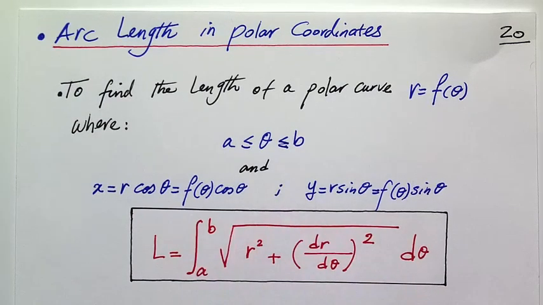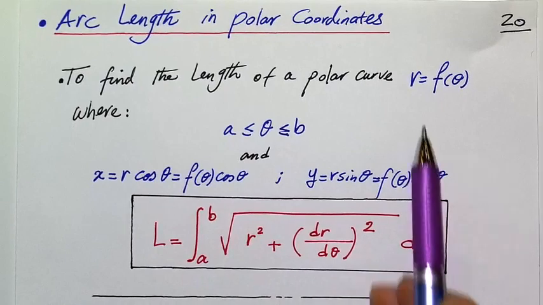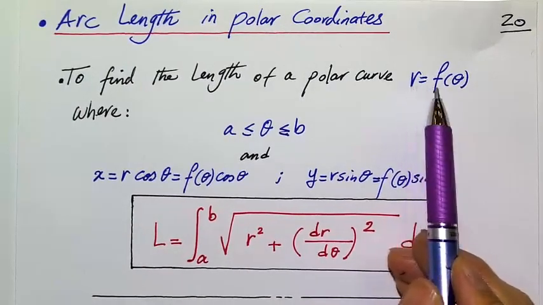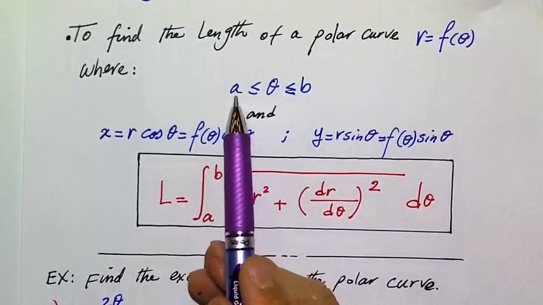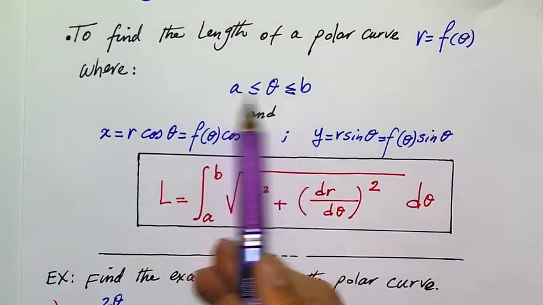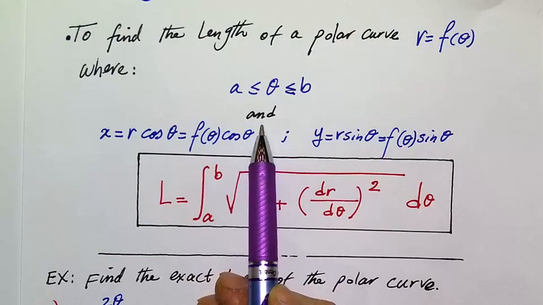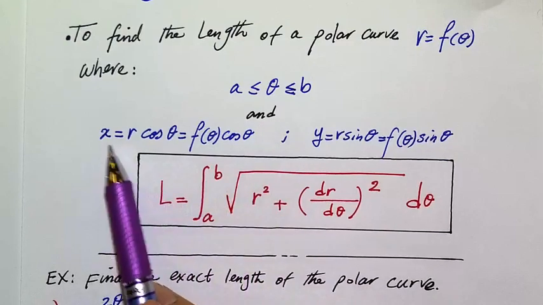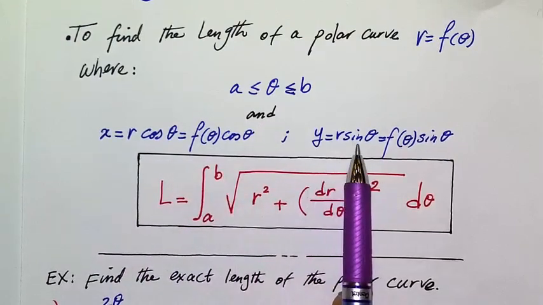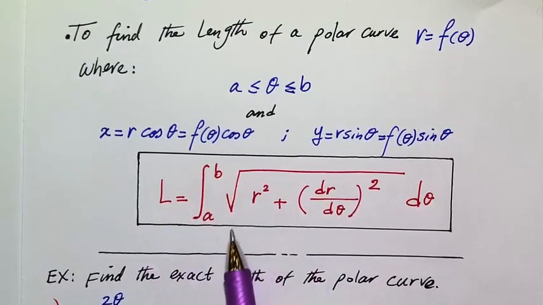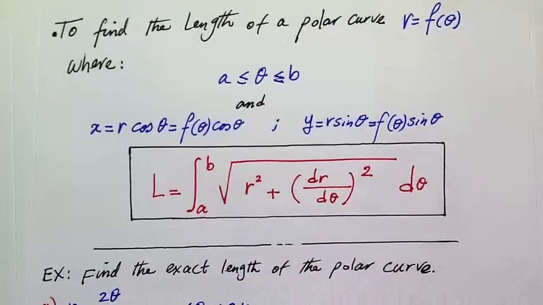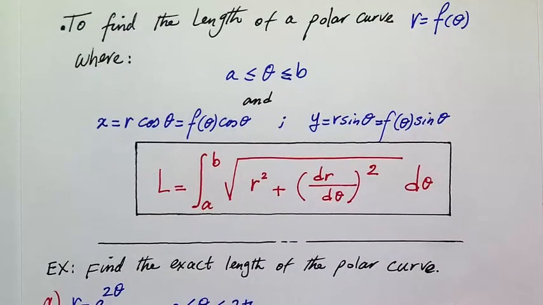So to find the length of a polar curve, where of course the equation is given in polar form, when theta is changing from A to B, and x is equal to that and y is equal to that, then the length of the curve is obtained using this formula.